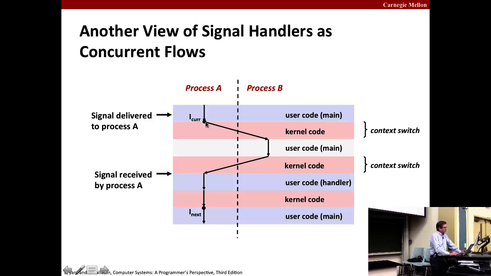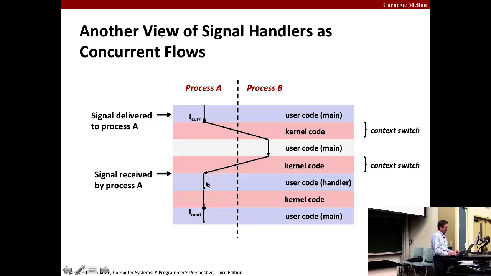Now at some point there's a transfer of control into the kernel, and the kernel decides to do a context switch from A to B, and now B gets to run for a while. There's another transfer of control to the kernel, and the kernel decides to schedule process A, and now right before it returns control to process A, it notices that the pending bit for this signal is set, so it causes process A to receive that signal.